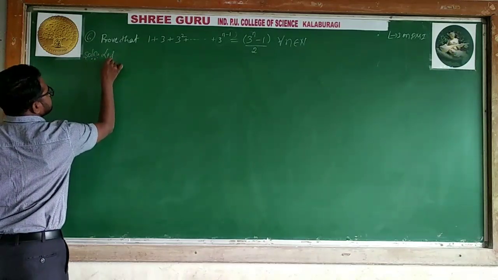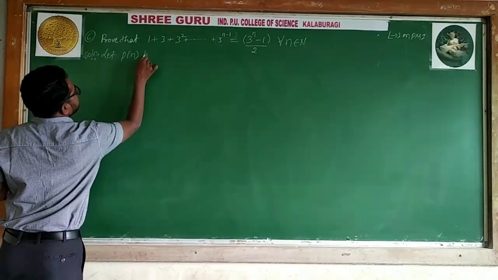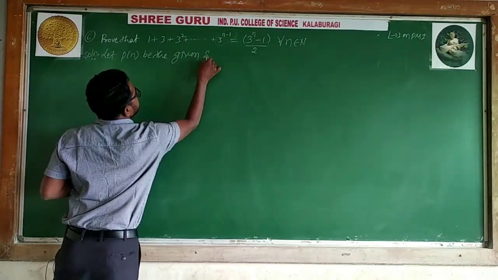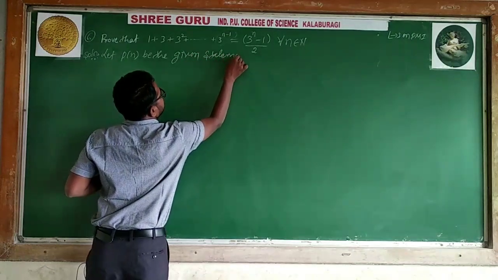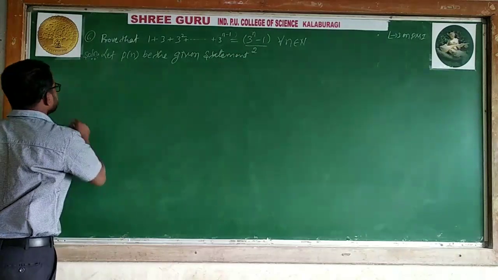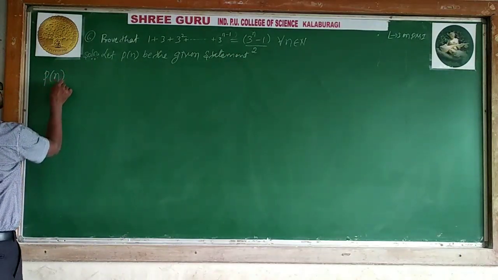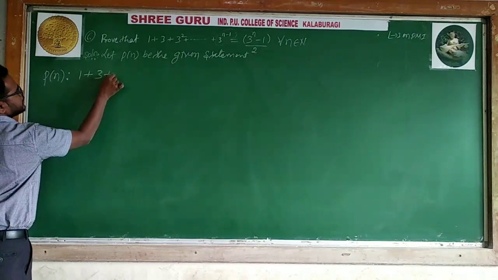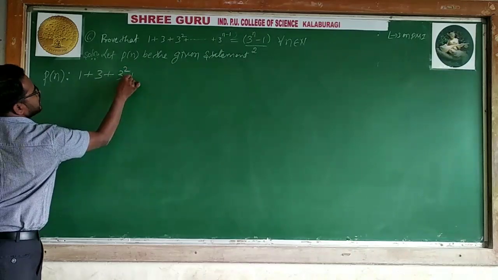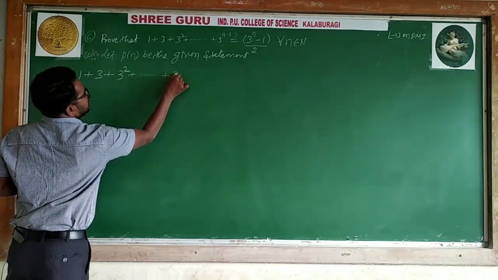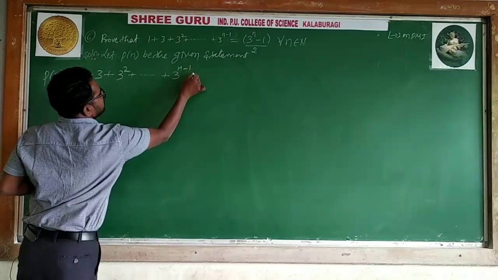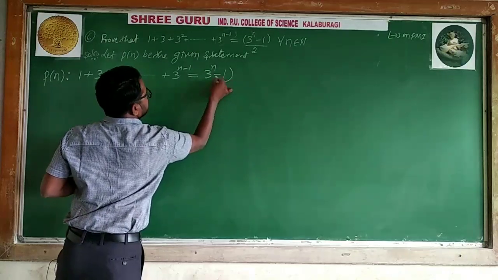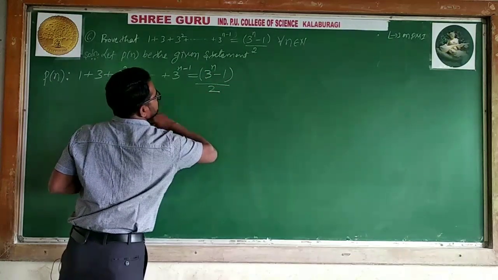Now let P of n be the given statement. P of n is 1 plus 3 plus 3 square plus so on, last term 3 to the power n minus 1, is equal to 3 to the power n minus 1 whole divided by 2.